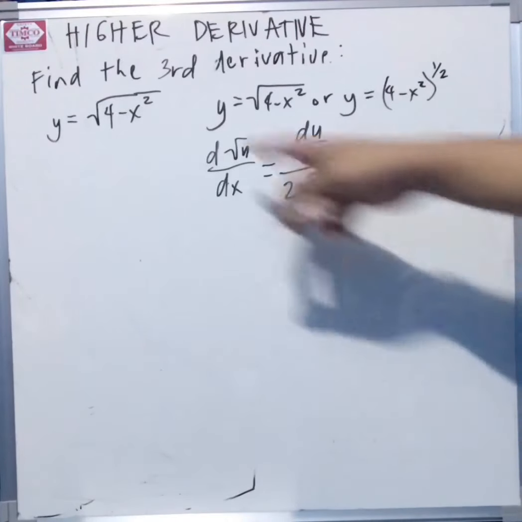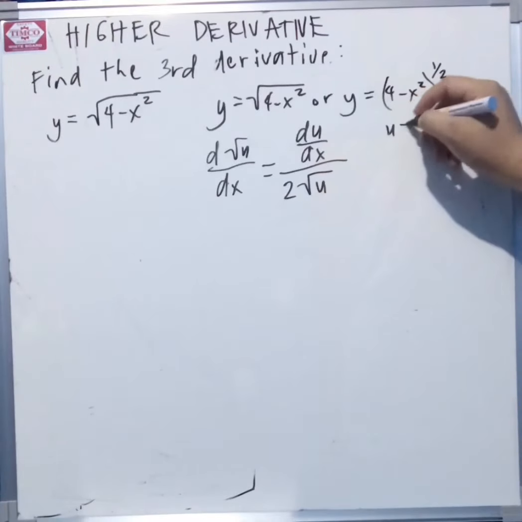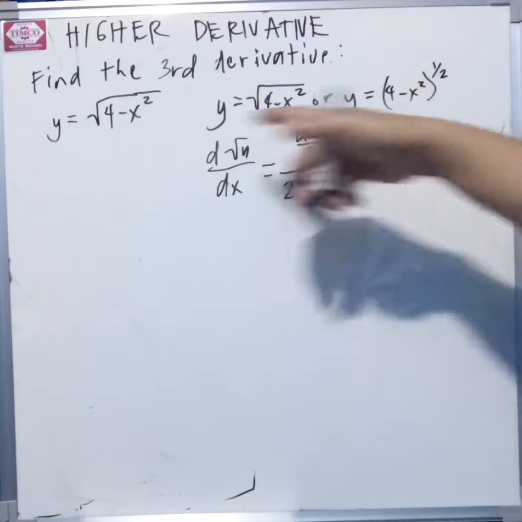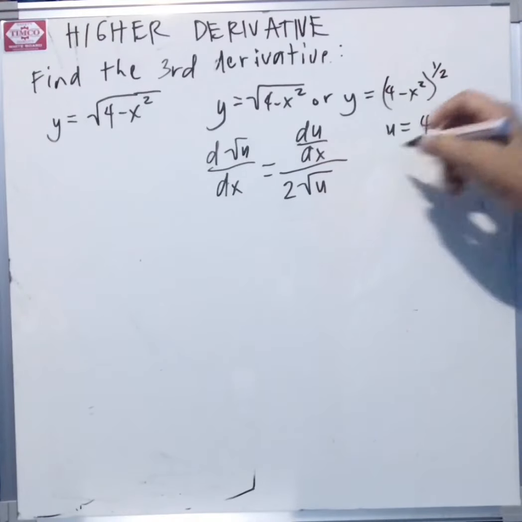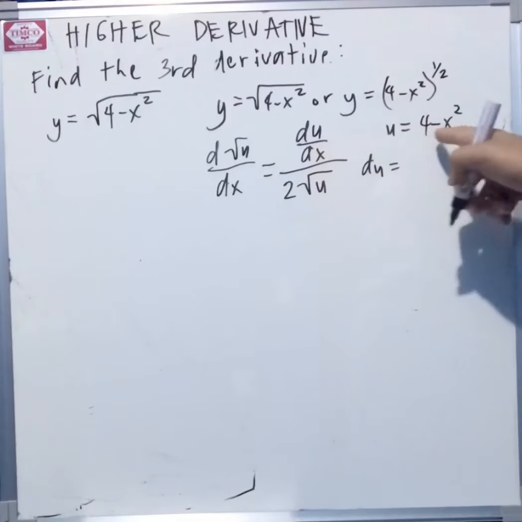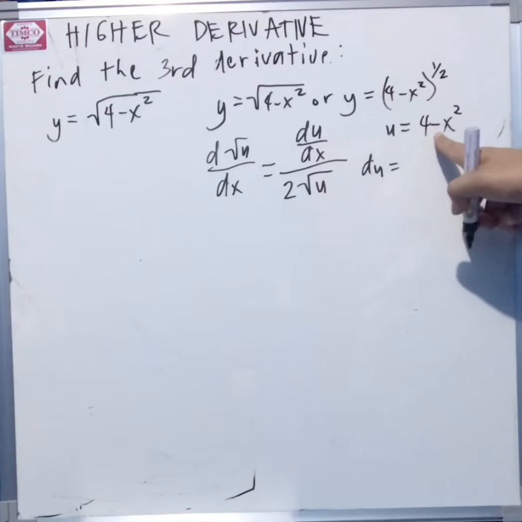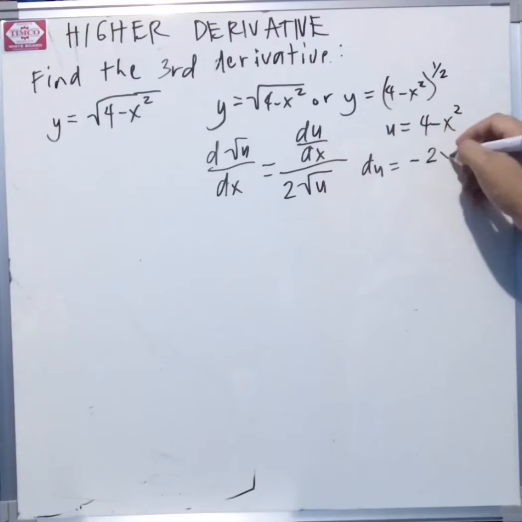So in this given, we have u equal to 4 minus x squared. So du over dx, the derivative of this, is negative 2x.